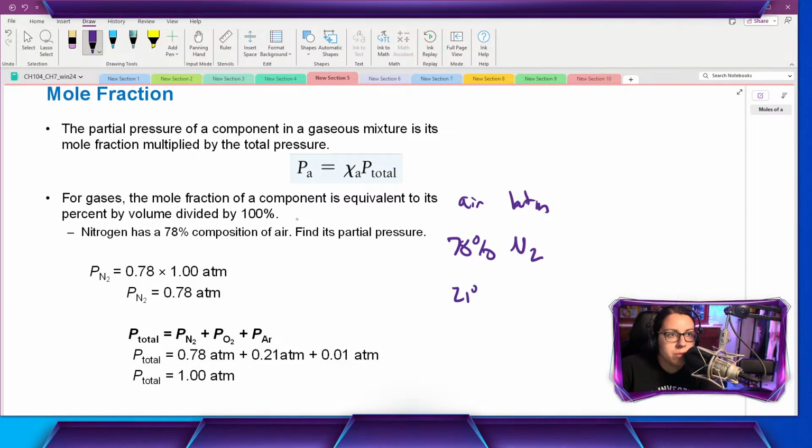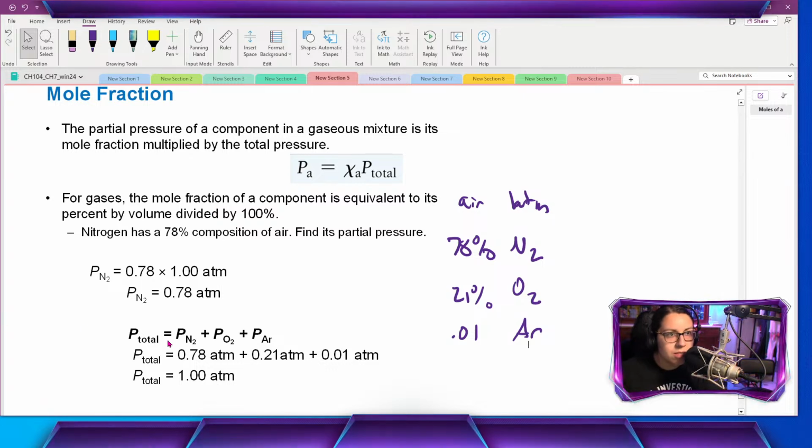And then 21% roughly is oxygen, so what we breathe. And then the other major component is argon. And of course there's other gases, CO2, I think CO2 is like 0.4%, and methane, other trace gases. But those are the relevant ones.